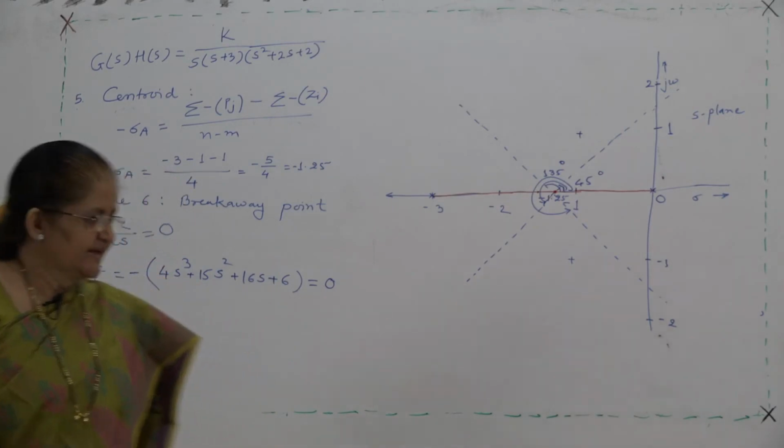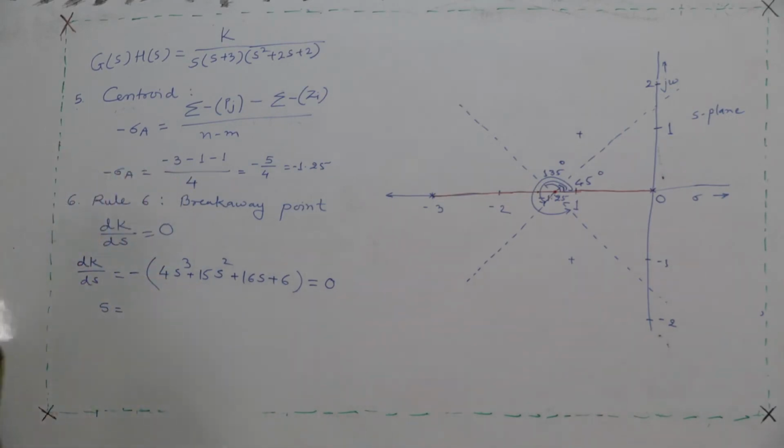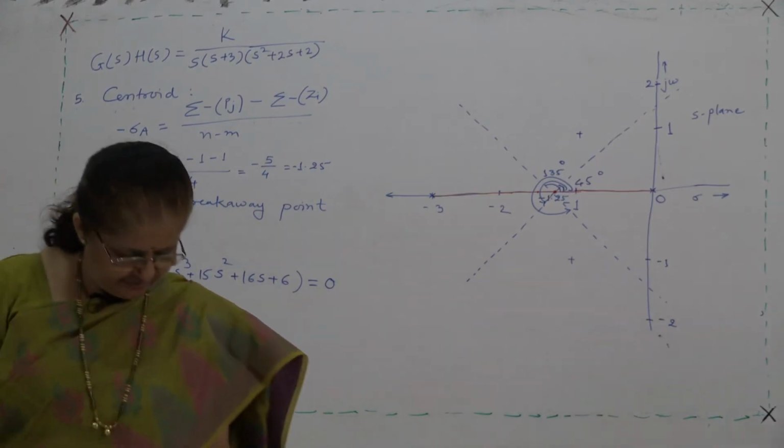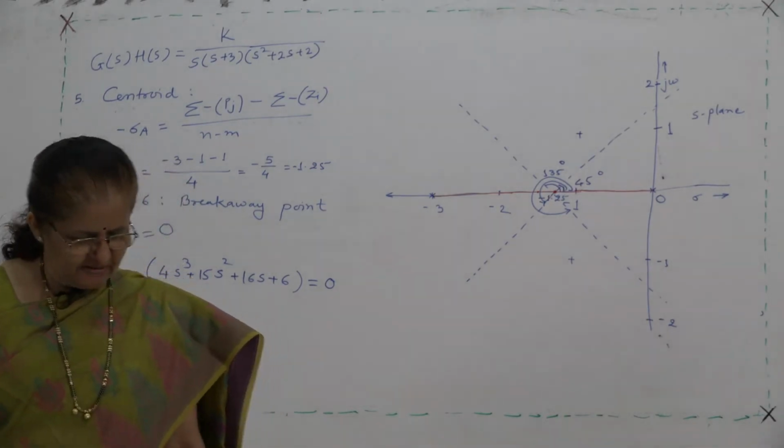When you solve it you will get 3 values of s. See, here you are not getting the proper one; in the previous case we saw s plus 2 was one factor and so on. So, now you can use the calculator to solve this equation.